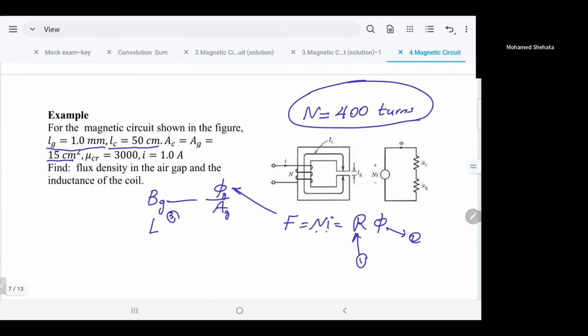We're asking about the current. So if you look at the equivalent circuit, like in I like voltage, so I by the total reluctance, then you get the flux.